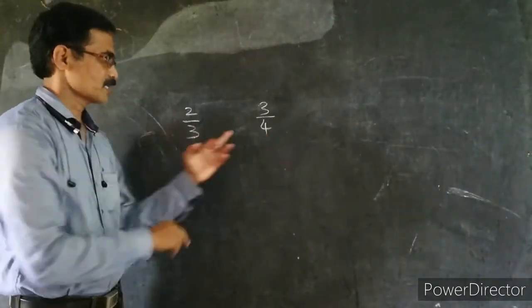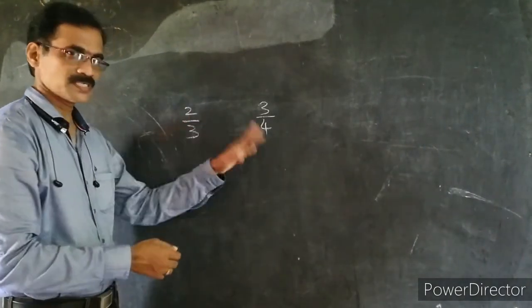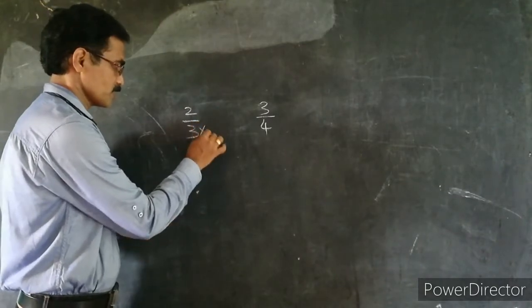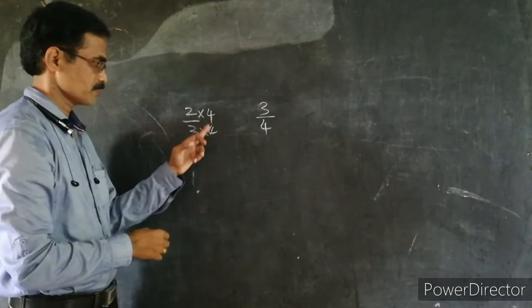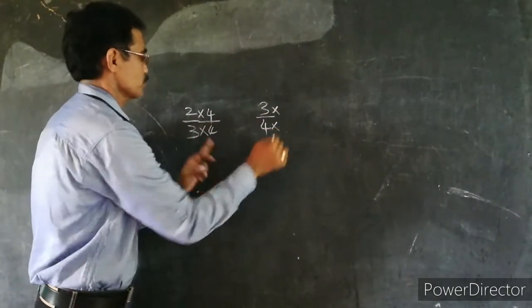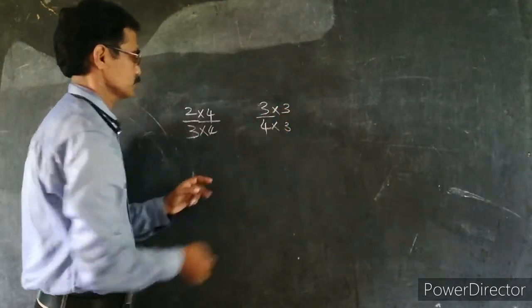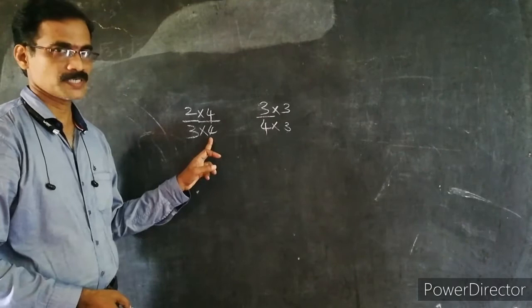Here we have 3 and here we have 4. To make the denominators equal, you multiply the numerator and denominator of the first by 4, and of the second by 3.